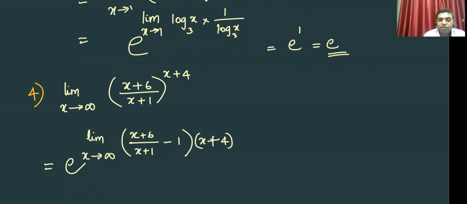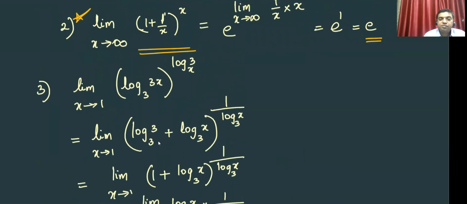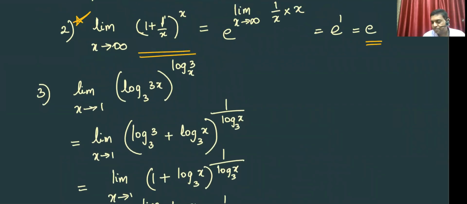So it is e power f of x minus 1 times g of x.